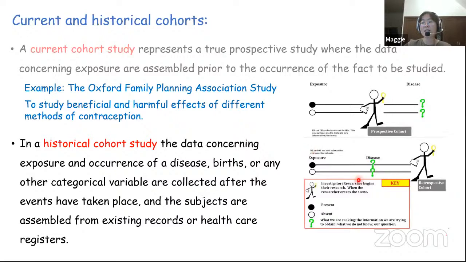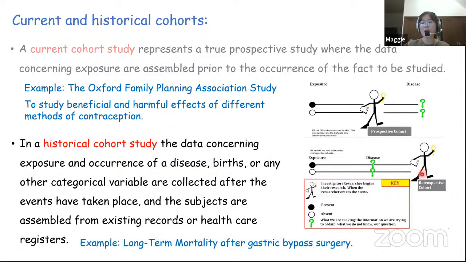We collect the data of their development of the diseases, and then go back to separate the patients into different groups and do the analysis. That's a historical cohort study. They get the disease first, and then go back to the group division.